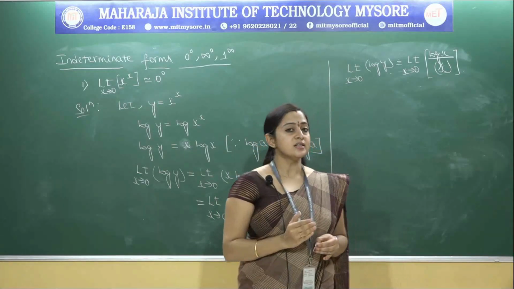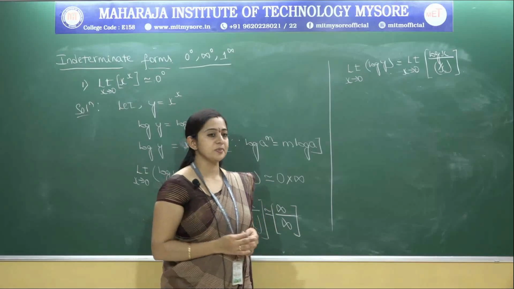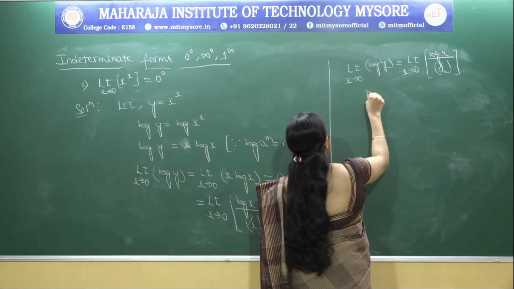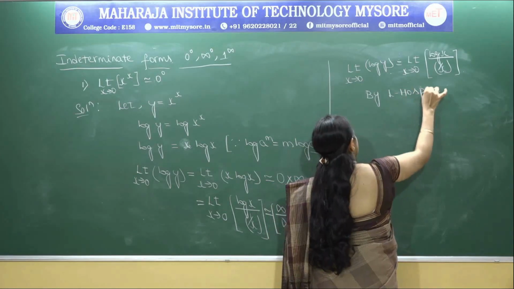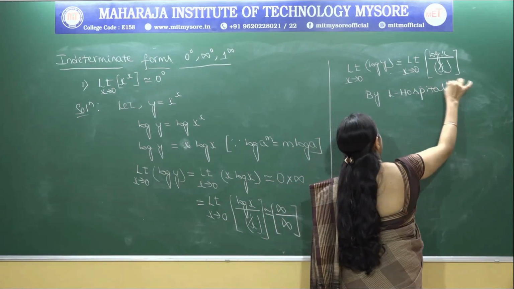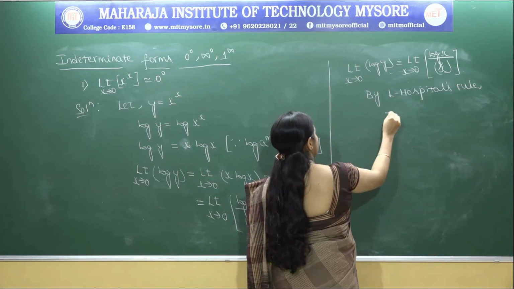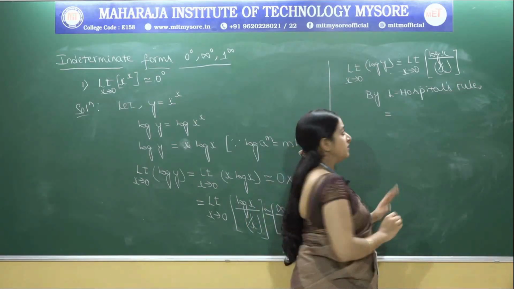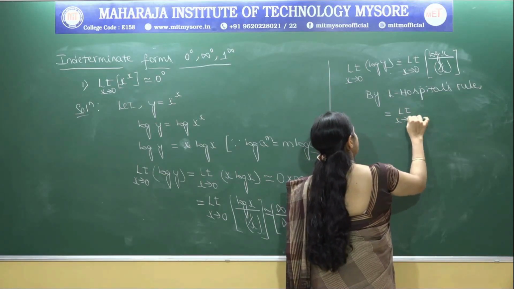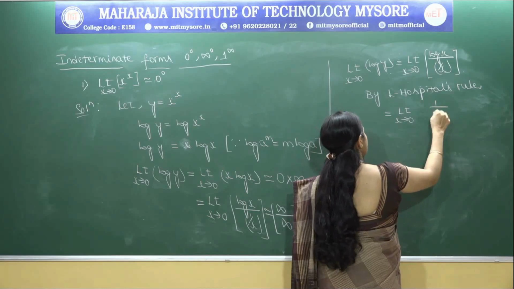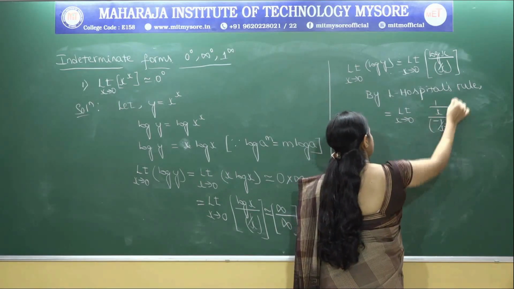Then since it tends to the indeterminate form infinity by infinity, you can apply the L'Hospital rule to the RHS part. Limit of x tends to 0, the log x differentiates to 1 by x, 1 by x differentiates to minus 1 by x square.